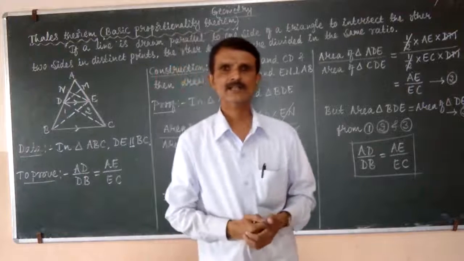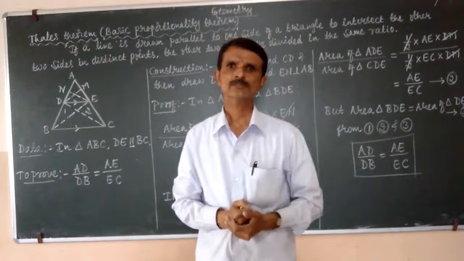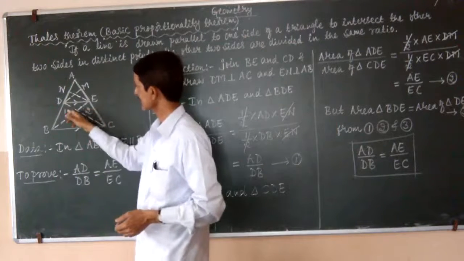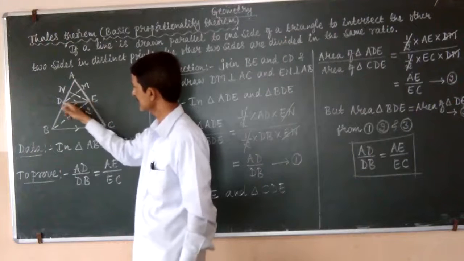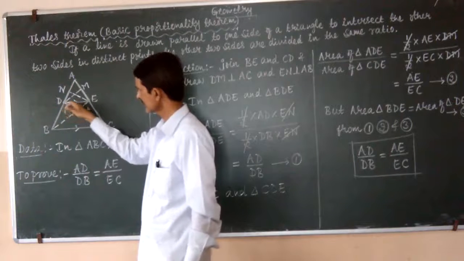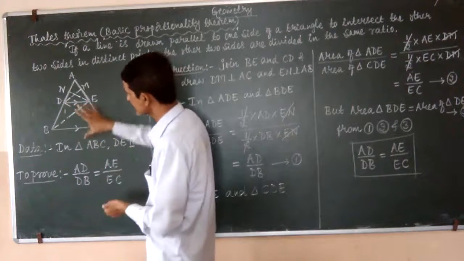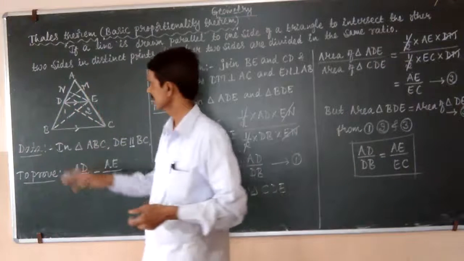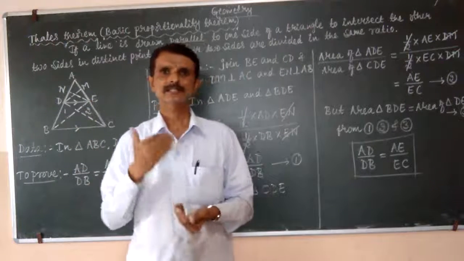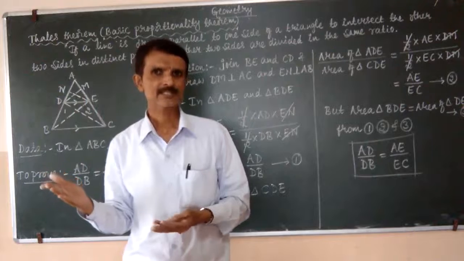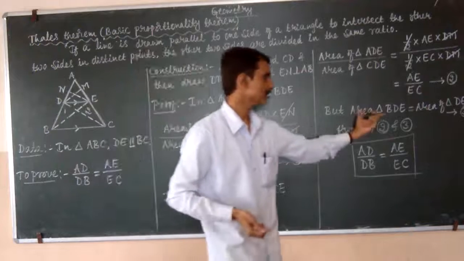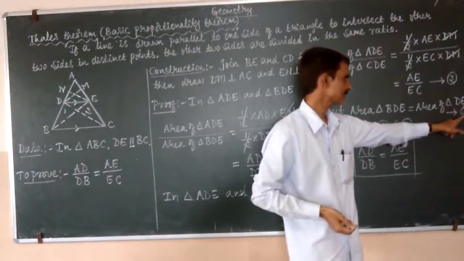Why are they equal in area? To recall the 9th standard triangle chapters, these two triangles are standing on the same base DE and between the same parallel lines DE and BC. Therefore, triangles standing on the same base and between the same parallel lines are equal in area. Call this equation number 3.